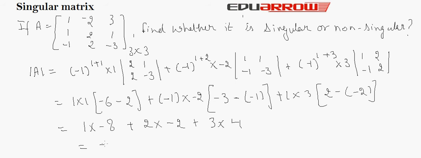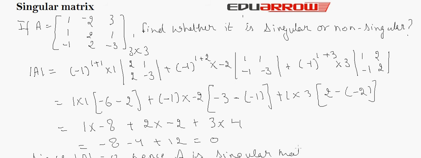This is equal to minus 2 minus 4 plus 12, which is equal to 0. Since the determinant of A is equal to 0, hence A is a singular matrix.